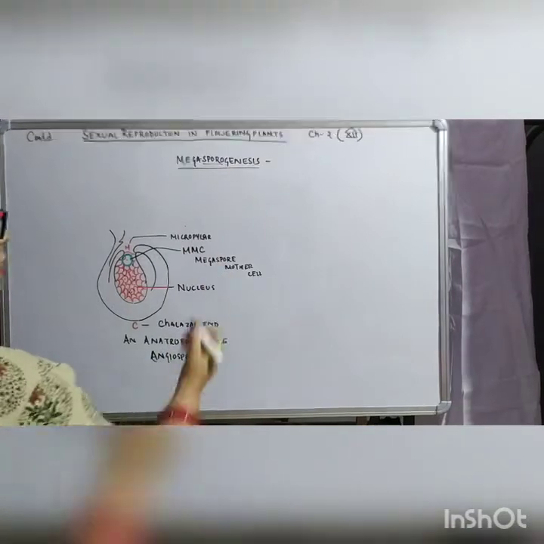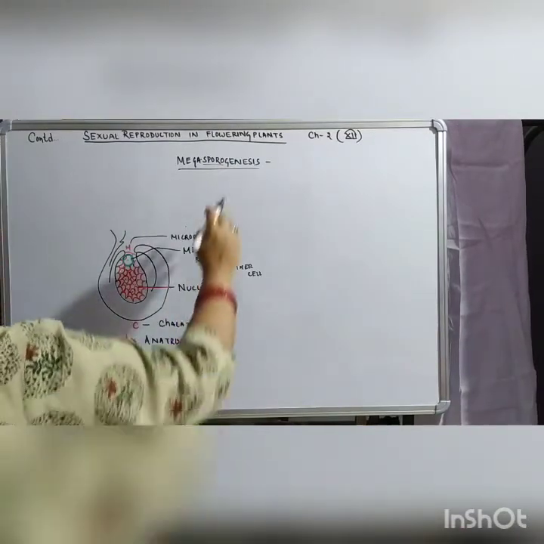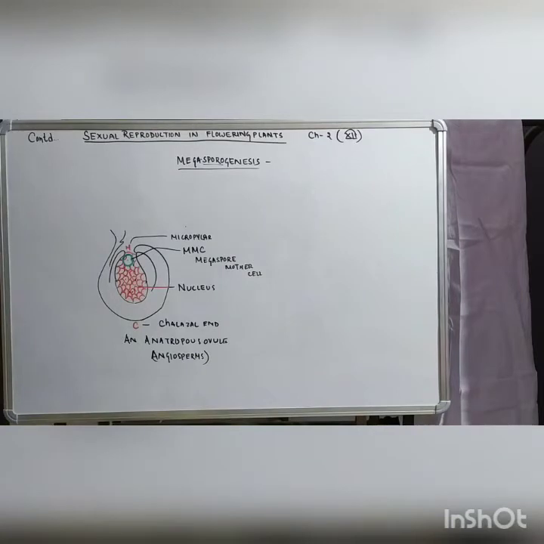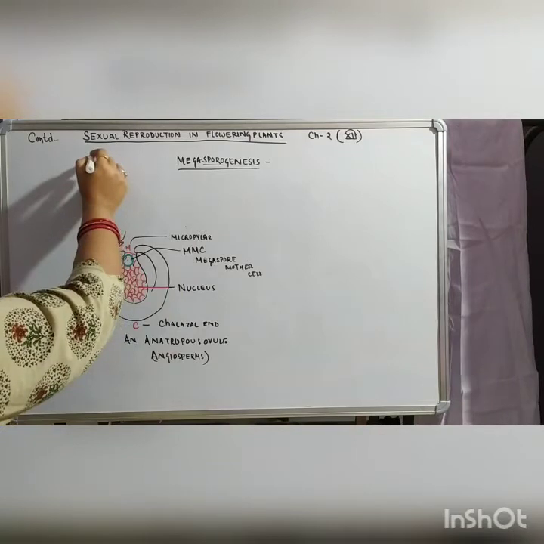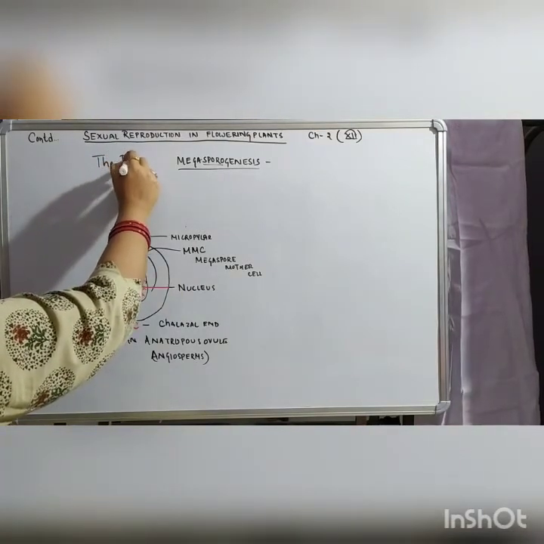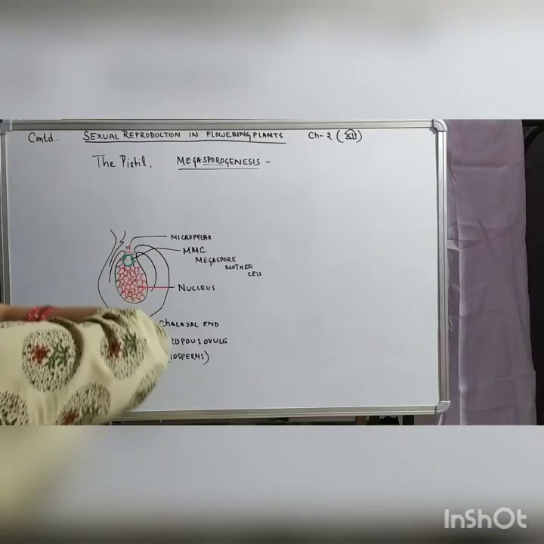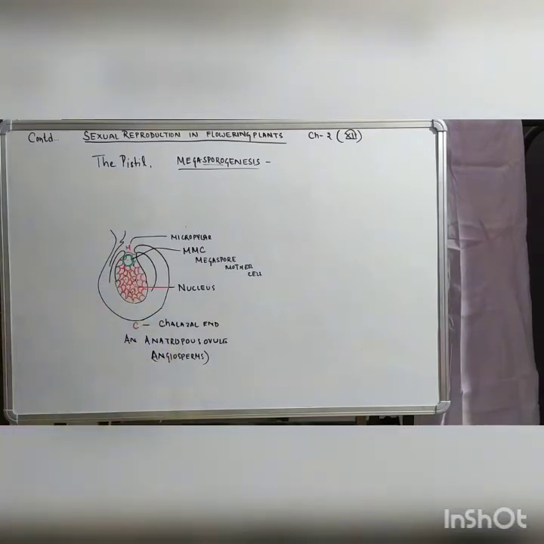Sporo is related to the word megaspore, and genesis means formation of a megaspore. Here we are talking about the megaspore in context to the pistil. In microsporogenesis, the name is micro because pollen grains are small in comparison to the female gametophyte in flowering plants.